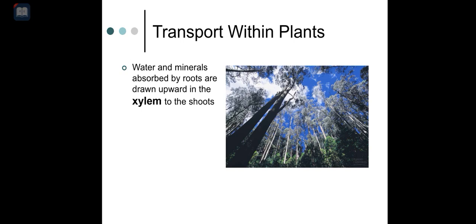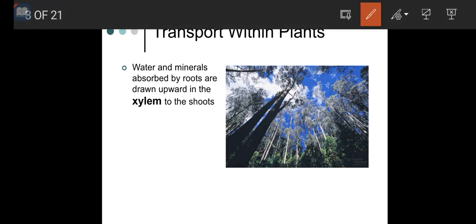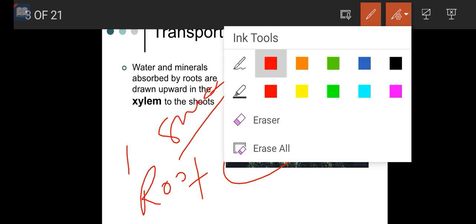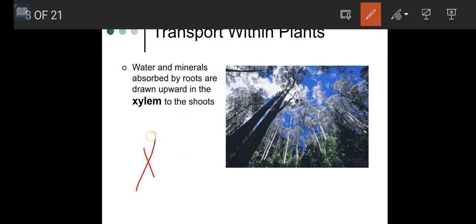Whether it is a small plant, where the distance between root and shoot is small, it is easily transferred through diffusion.